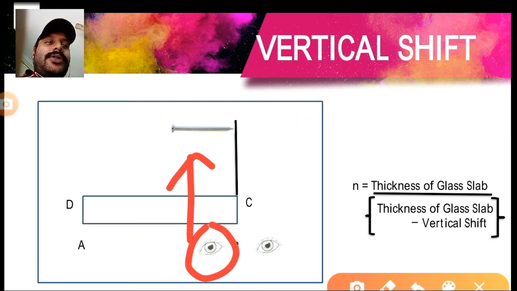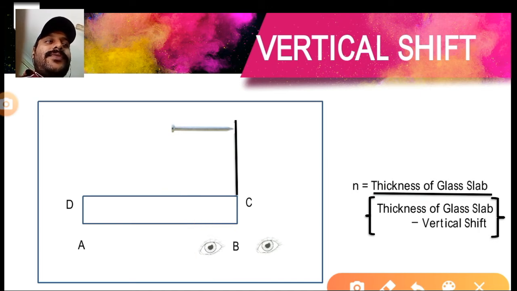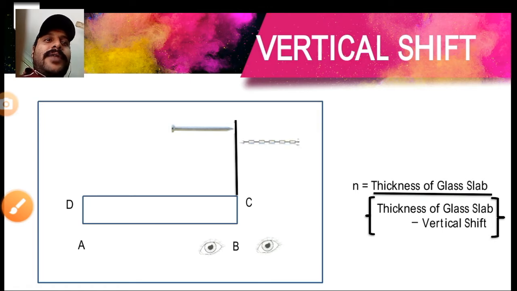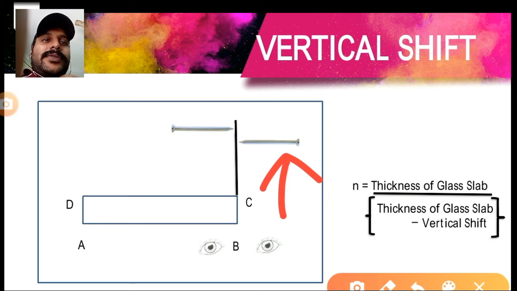You understood? Now we will take one more pin, and this time we will be looking through the air. So this is our air and this is our glass.